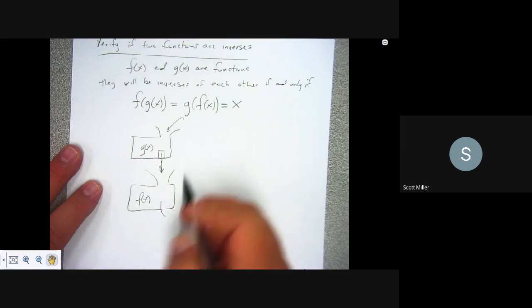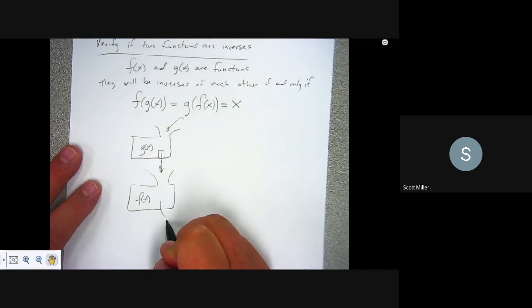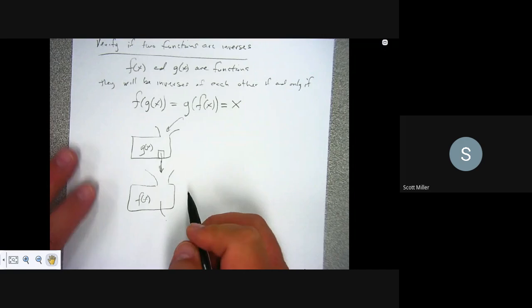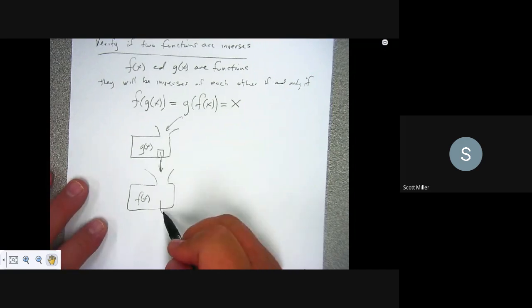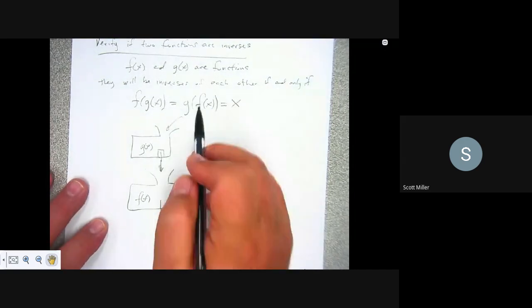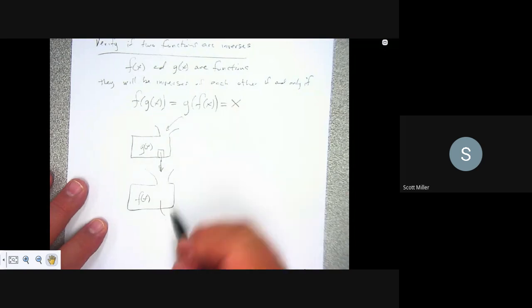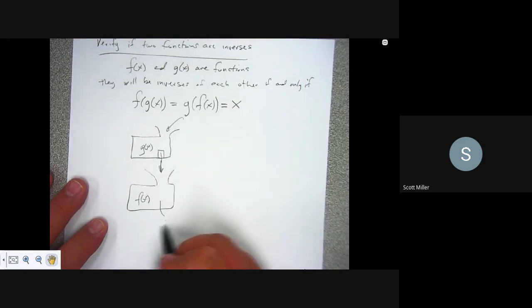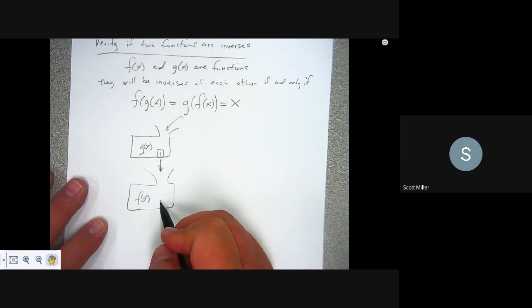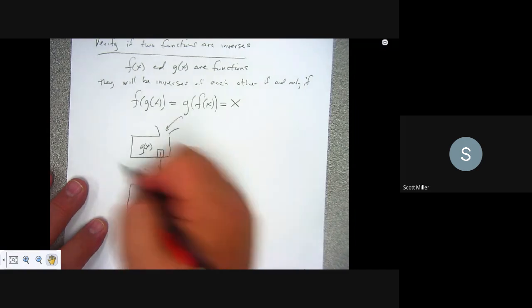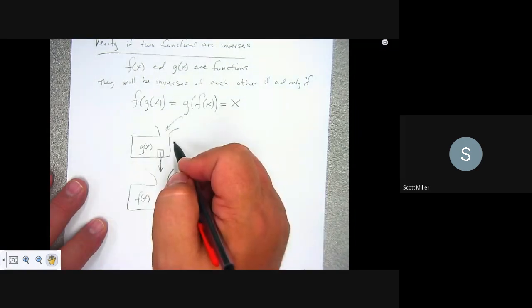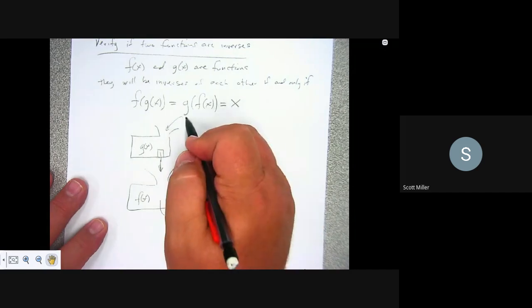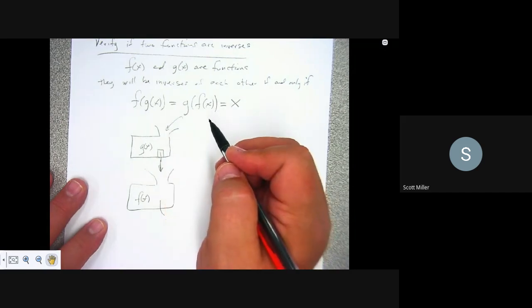And it comes out as a new answer. So what does the inverse do? The inverse undoes that. g of f of x takes that answer, undoes the f, then takes that answer and undoes it with g. I should get back to the number I started with. That's what it's saying. Okay?